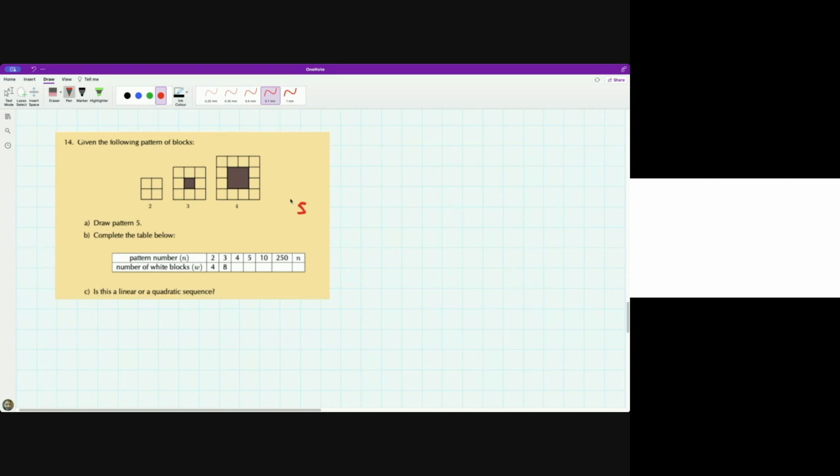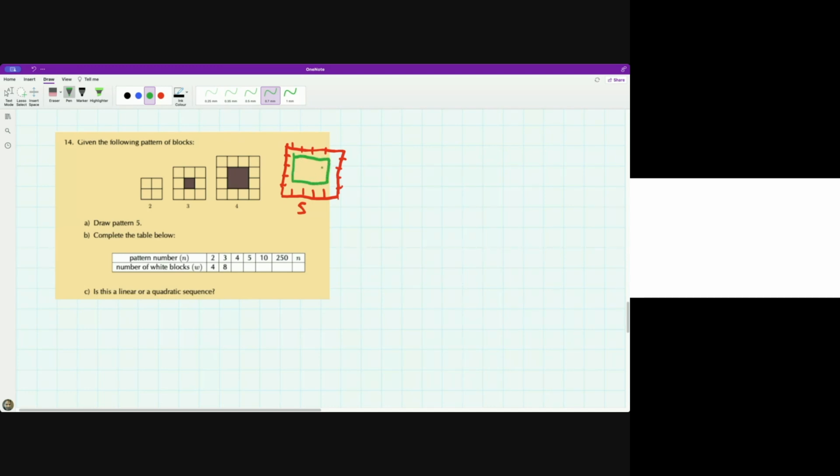If I look at this, for me, I think my square looks a little bit like so draw the pattern. I think this is a 2 by 2. This is going to be a 3 by 3. So where's that going to be? 1, 2, 3.